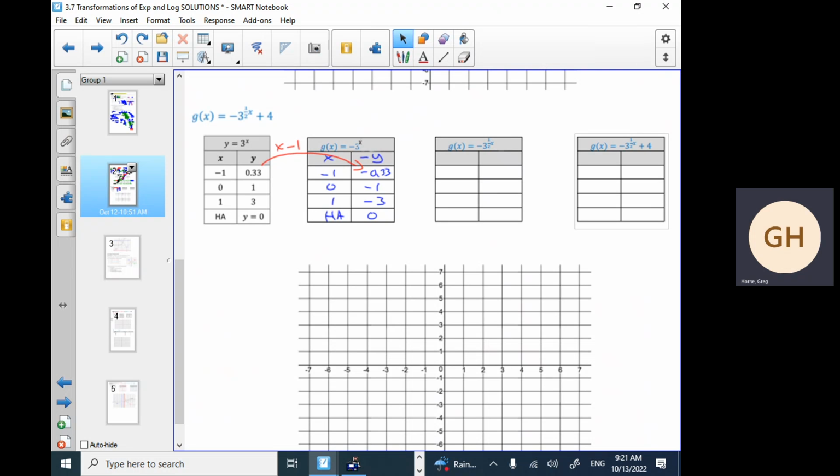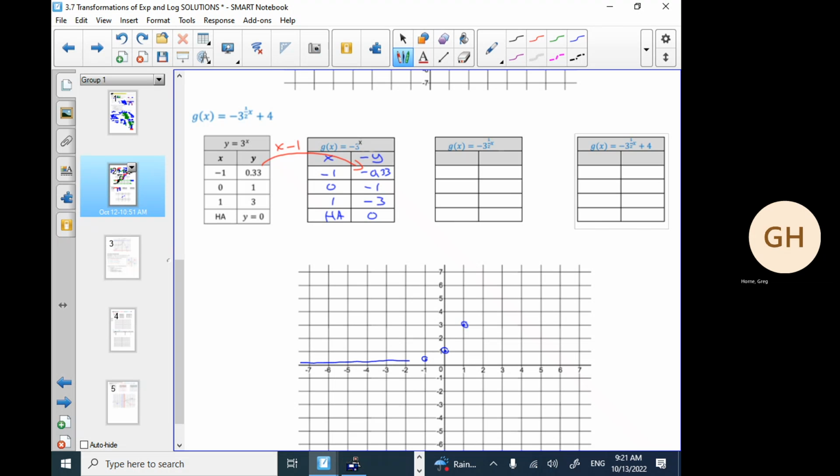Yeah, so I guess I should put my original on here. So we got our 0.33, got our 1, our 3, we got our asymptote. I'll draw it in a second. There is our f of x function itself, where it's just 3 to the power of x. Asymptote shown there somewhere. It's enough.